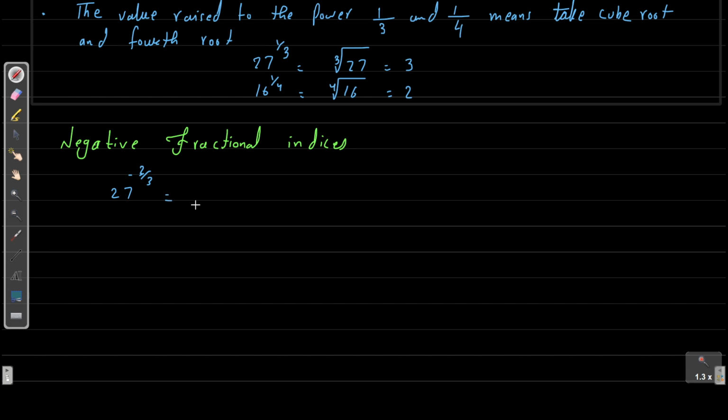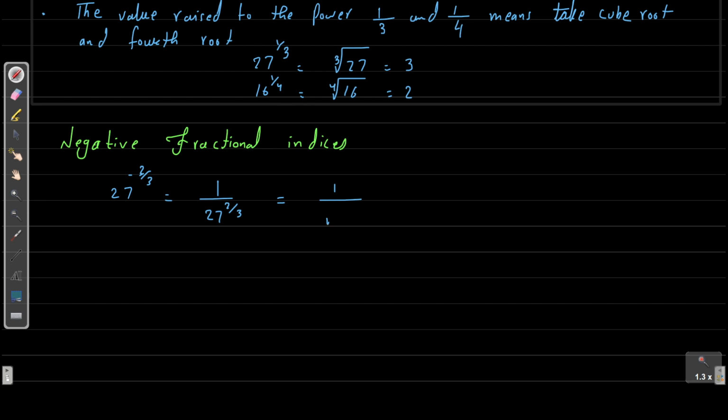I'm going to take the reciprocal of 27, which is 1 by 27, so the power becomes positive, 2 by 3. Now we can apply the previous process. Here we have denominator 3, so we take the cube root of 27, and the power shows that we need to raise the number to the power 2.